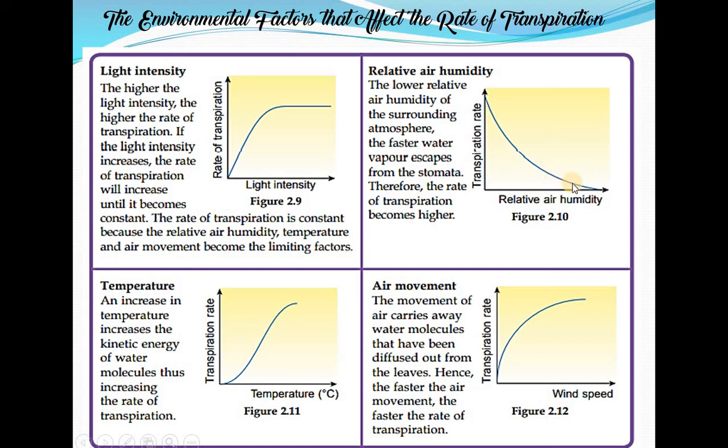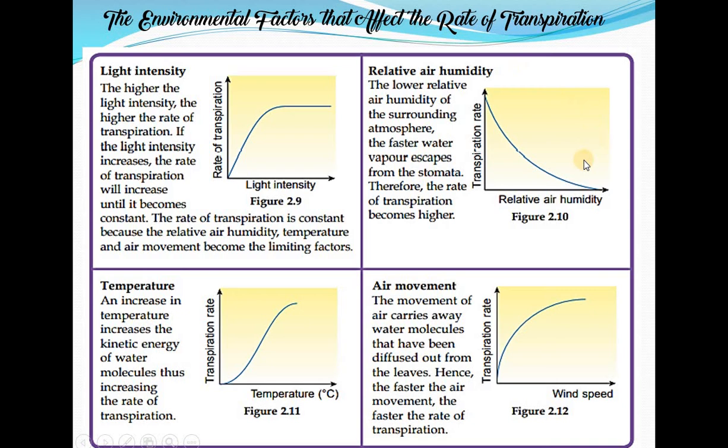But the explanation here is the opposite. The lower the relative air humidity, the faster water vapor escapes from the atmosphere, therefore the rate of transpiration becomes higher. So this means the lower the air humidity, the faster the water vapor diffuses out from the stomata. Therefore, the rate of transpiration becomes higher.